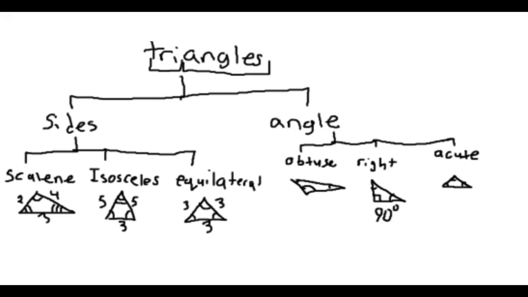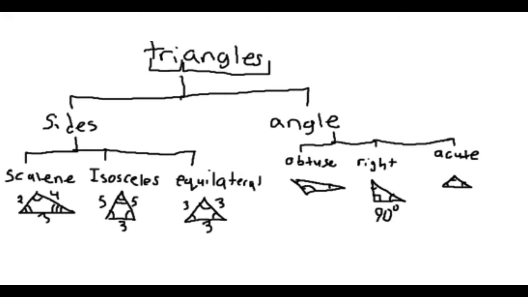Now, you could have different kinds of angle and side combinations. So you could have a scalene obtuse, you could have an isosceles obtuse, or you could have a right isosceles. And there's different kinds of combinations between all kinds of triangles by their sides and their angles. So just make sure you know how to identify them based off of both classifications.